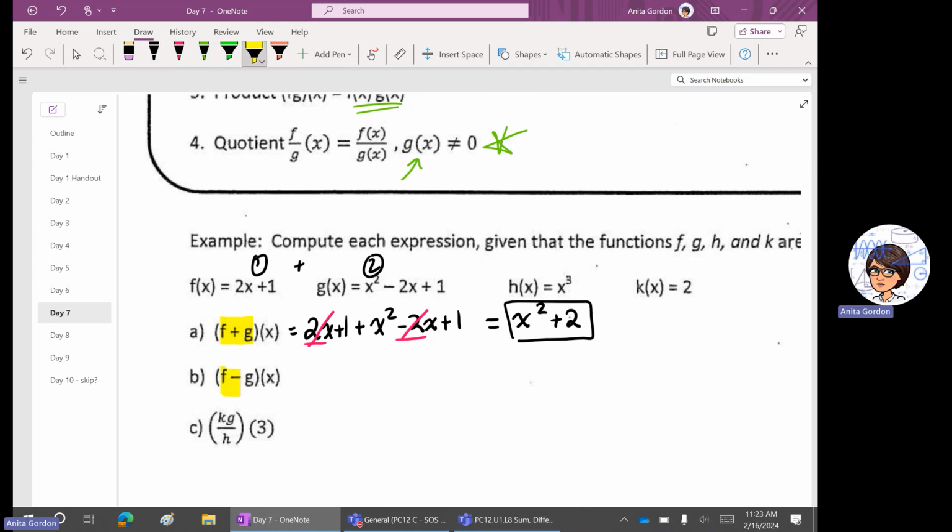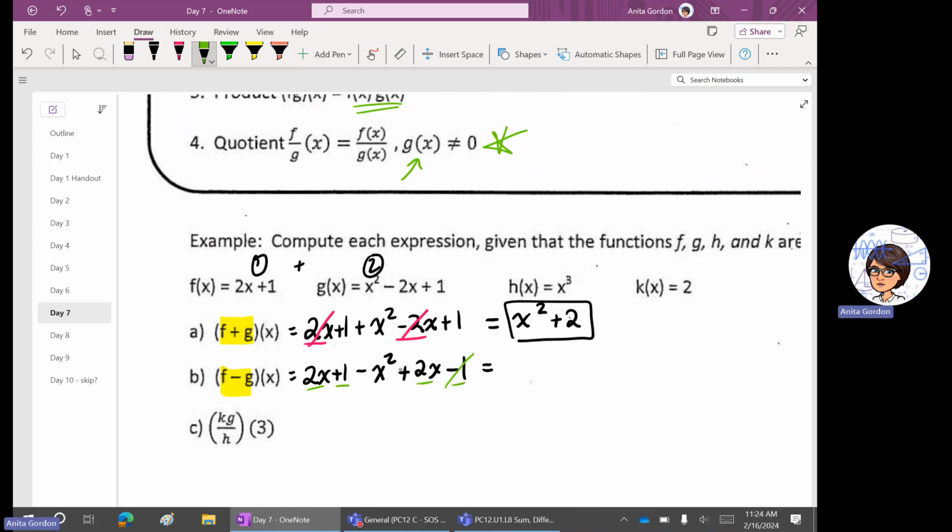Next, I'm looking at f minus g. So 2x plus 1 minus, and instead of writing it in brackets and then distributing the negative, I'm just going to distribute it as I go. Minus x squared plus 2x minus 1. And now I'm going to collect like terms. 2x and 2x make 4x.